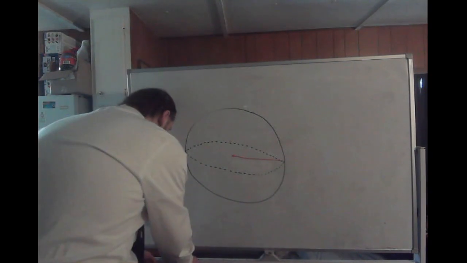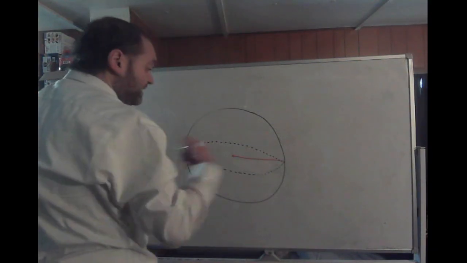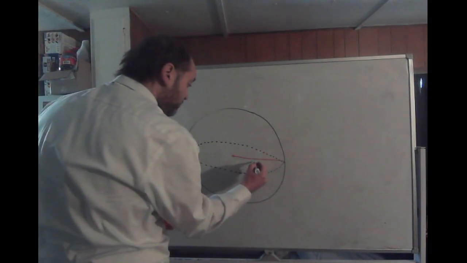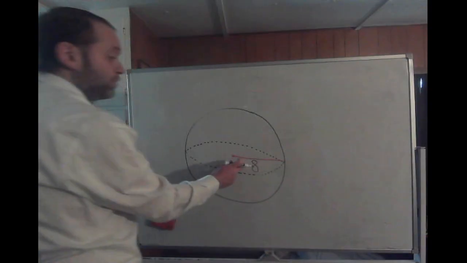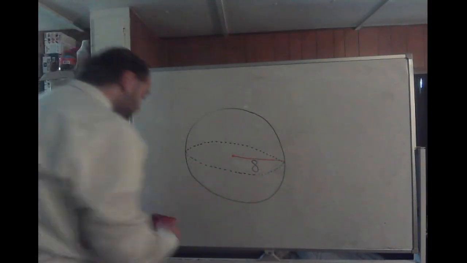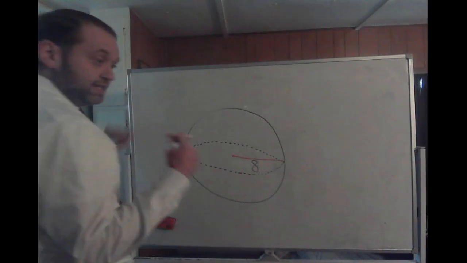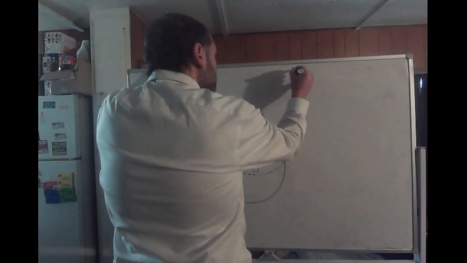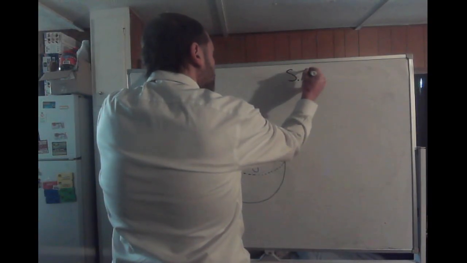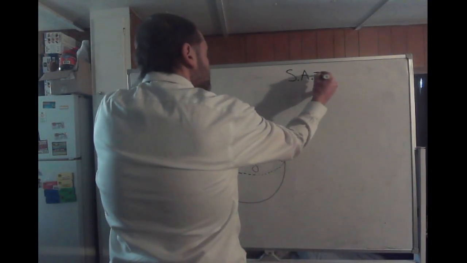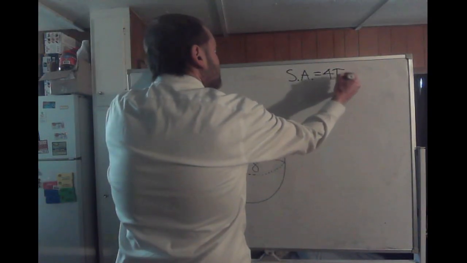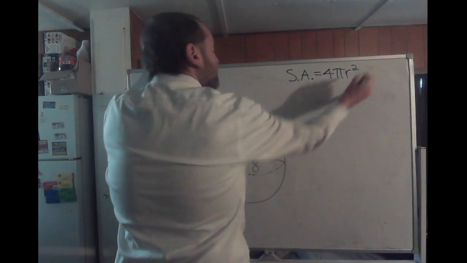Okay, so this time, let's say the radius is 8. We have a radius of 8 for the sphere. Well, let's find the surface area. The surface area is equal to 4 pi times the radius squared.